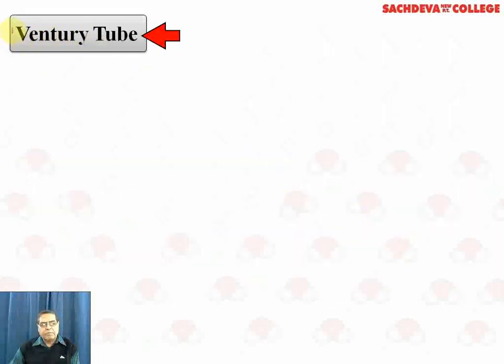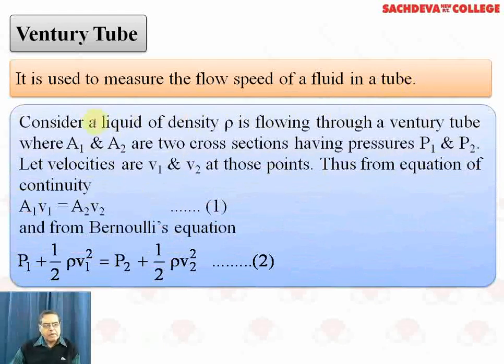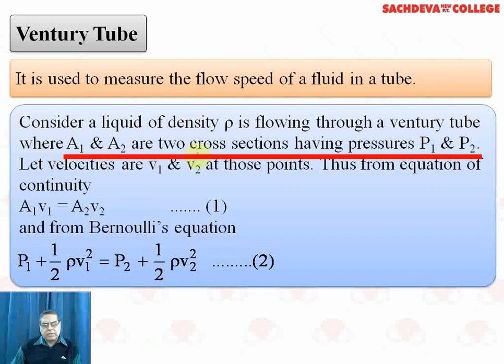Now we come to the Venturi tube. It is used to measure the flow speed of the liquid. When the fluid is flowing, we have to find the flow speed, that is the velocity of the flowing liquid. Consider liquid of density ρ flowing through a Venturi tube where A1 and A2 are the two cross sections having pressures P1 and P2.